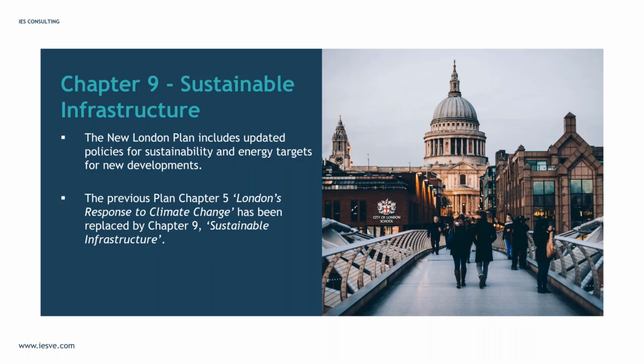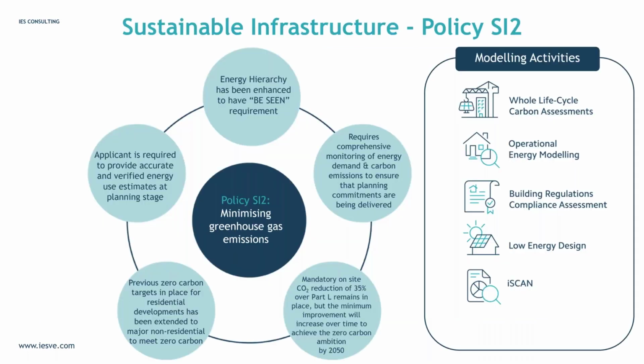Chapter 5 has now been replaced by Chapter 9, Sustainable Infrastructure. Again, I am not going to dwell on the policy clauses that do not directly involve the duties we, as building physicists, can help with. So I'm going to jump right through to SI2, minimising greenhouse gas emissions.